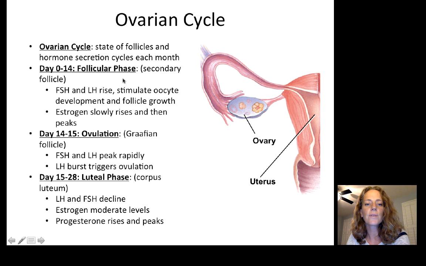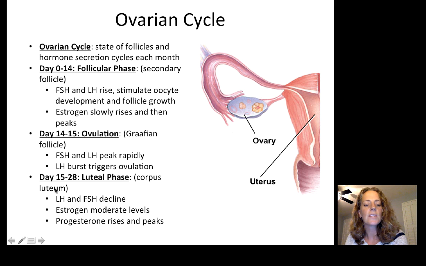So day 0 to 14 is the follicular phase, where you're going from a primary follicle to a secondary and then a mature Graafian follicle. Day 14 to 15 is ovulation, where the Graafian follicle is releasing the egg. And day 15 to 28 is when the corpus luteum takes over.